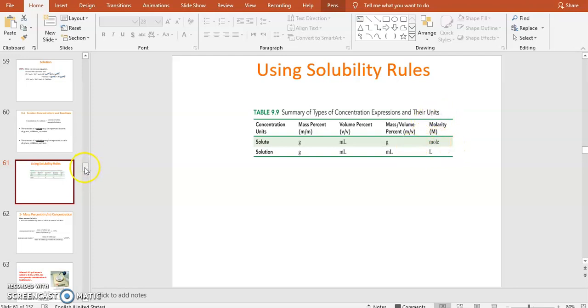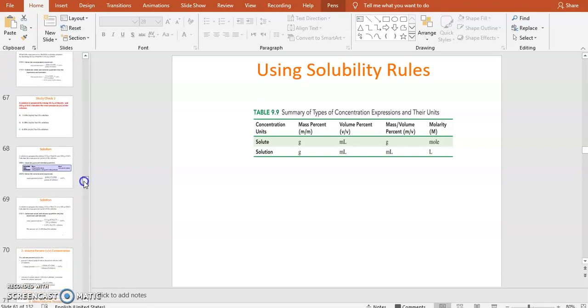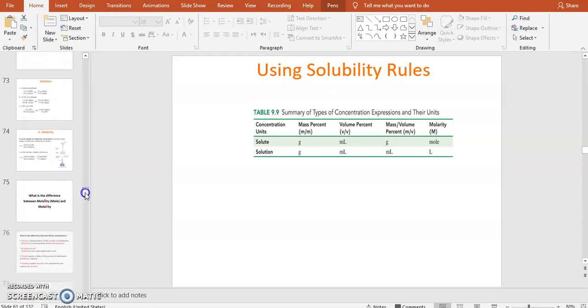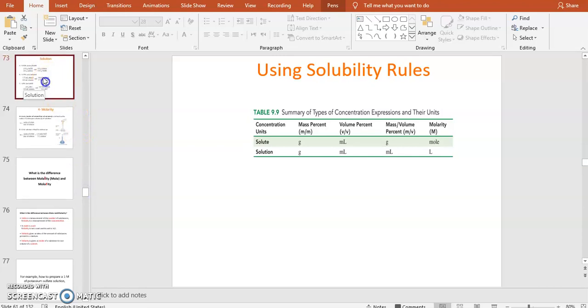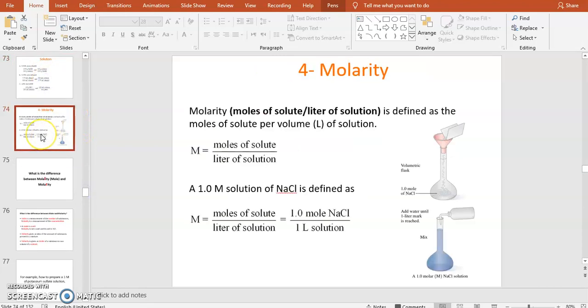Molarity is the moles of solute over a liter of solution.